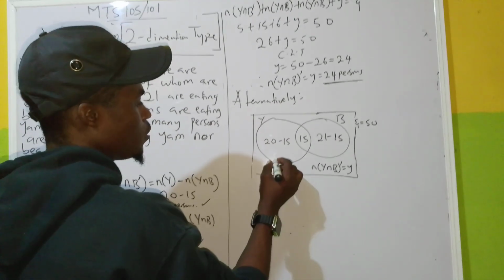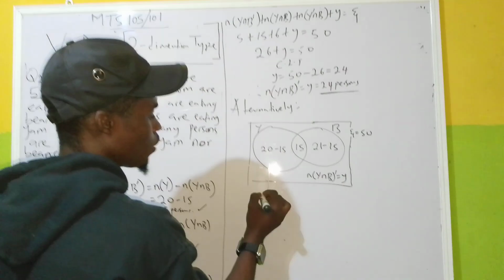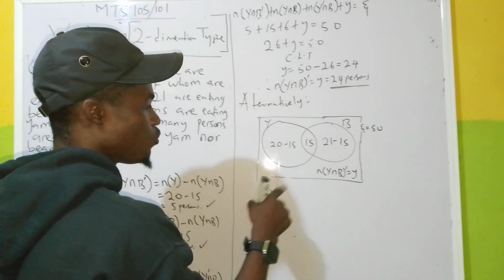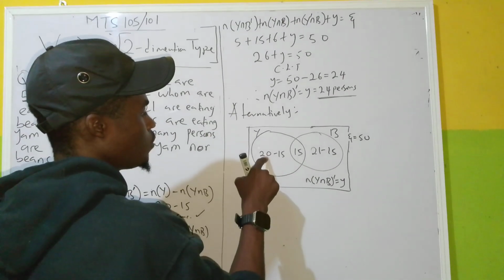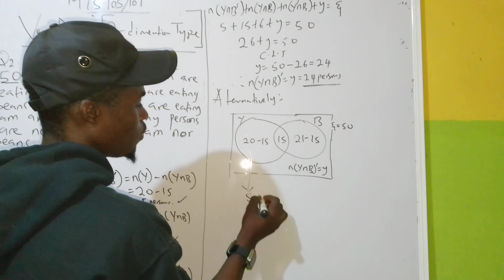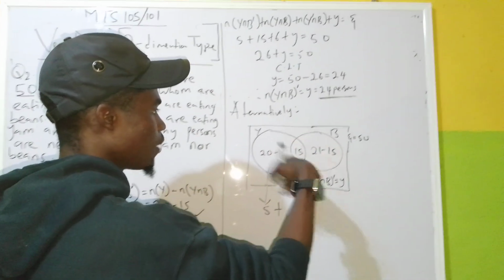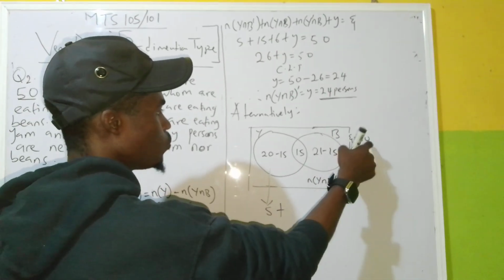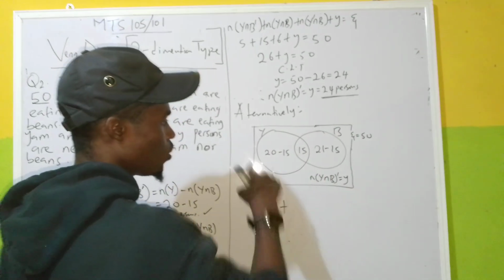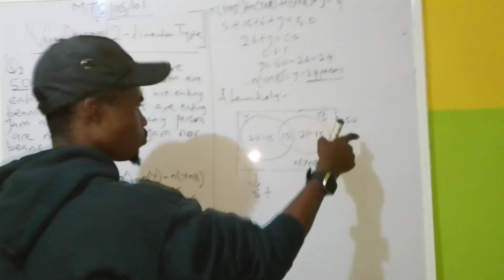So now, I'm putting this arrow for you to understand what I'm doing here. 20 minus 15 equals 5. I told you that at the end of the day, the addition of the actual values inside the whole of this box should give you what you have here. By the time you add everything inside this box, it must give you this one.